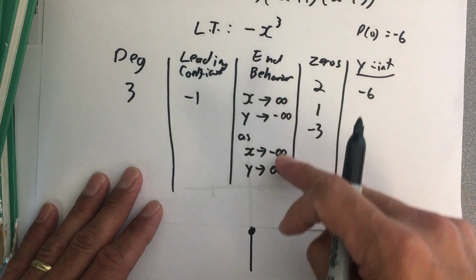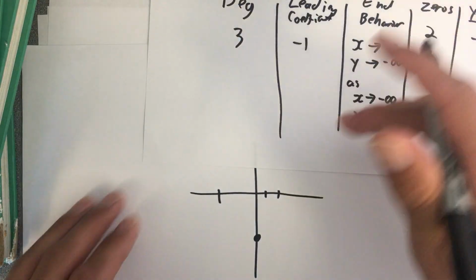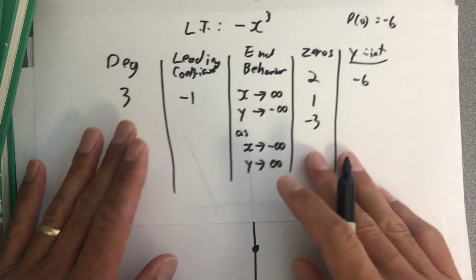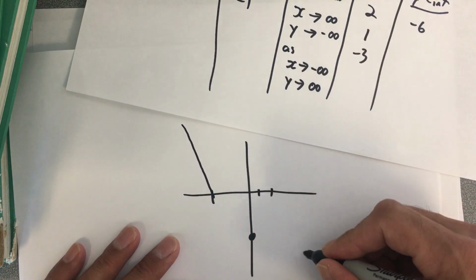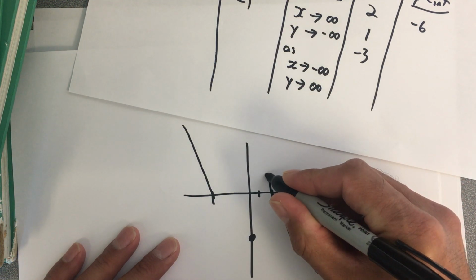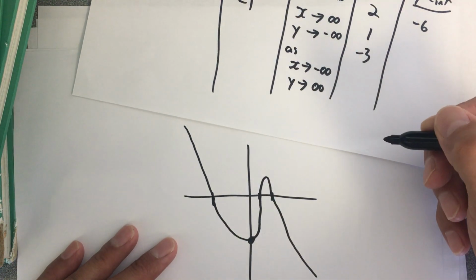So as x goes to negative infinity, y goes to positive infinity, so it's coming down this way. And as x goes to infinity, y goes to negative infinity, so it's coming up this way. And then we've got to hit each of those zeros and our y-intercept.